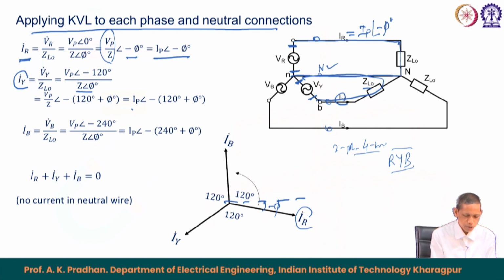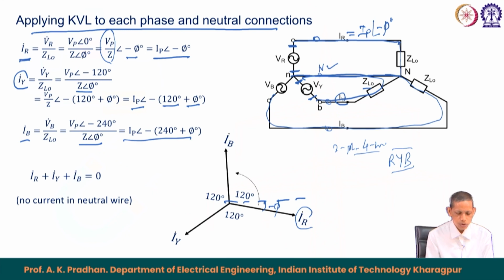Therefore, this current becomes Ip with an angle of minus 120 plus phi. Similarly, for the B phase, the path is also ZL0 and the voltage is Vp with angle minus 240 upon Z with angle phi. So, Ib becomes Ip with angle minus 240 plus phi.